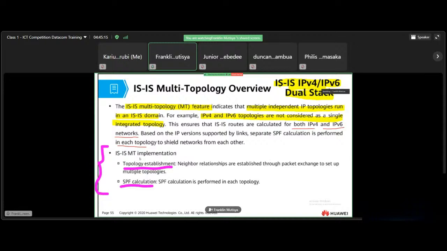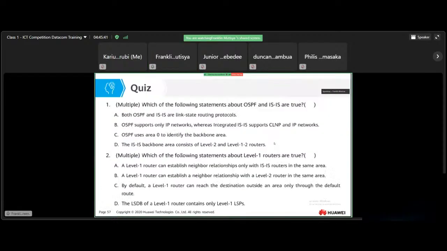In ISIS multi-topology implementation, we usually have neighbor relationships established through packet exchange in order to set up the multiple topologies, and shortest path first calculations are performed on each topology. So we call this dual stack. In case you find it in the exam, dual stack means that you're running both IPv4 and IPv6 topologies together as an integrated topology. Let's answer these few questions.